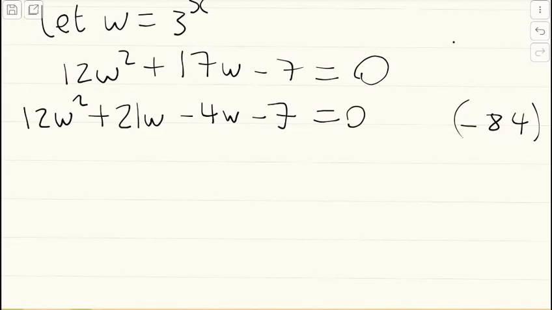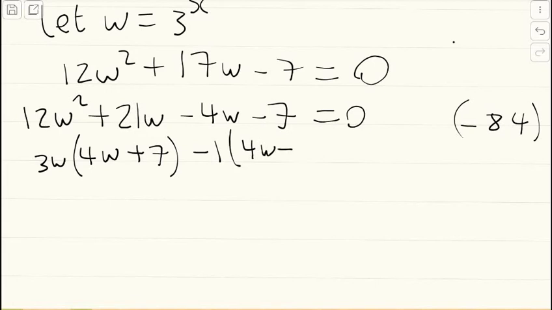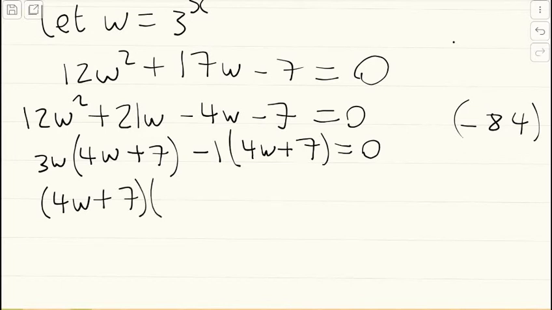Factorizing the left-hand side, this is going to be 3w multiplied by 4w plus 7, take away 1 lots of 4w plus 7, which equals 0. Taking out a common factor of 4w plus 7, we have 4w plus 7, open bracket, 3w minus 1, which equals 0.